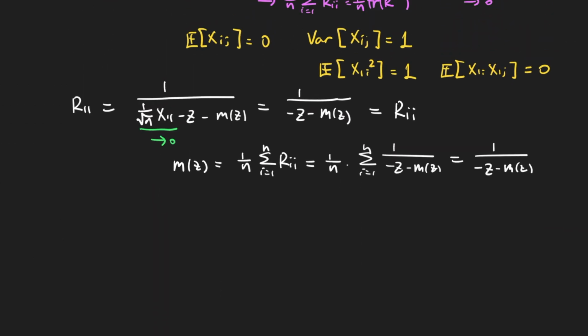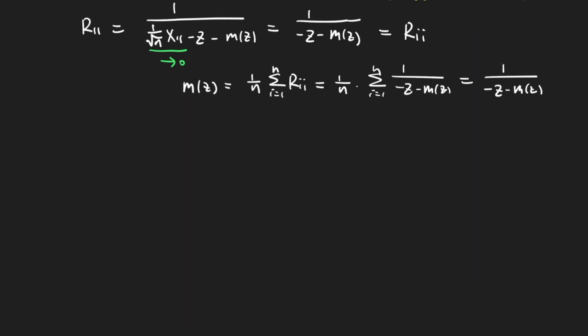So this is super nice, right? Because we obtain an algebraic equation for the Stieltjes transform, with m of z in here and m of z in here. So we'll just have m of z plus 1 over z plus m of z equals 0.